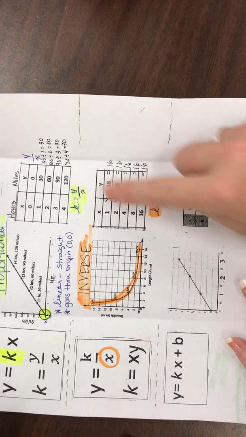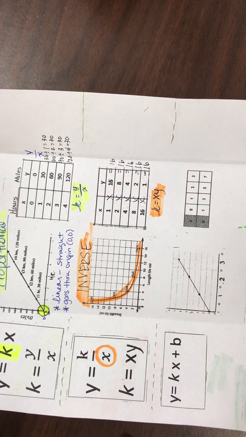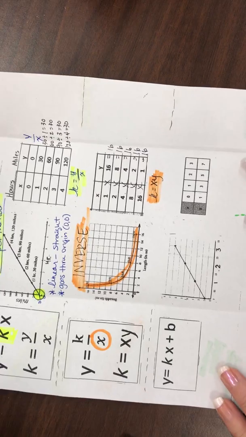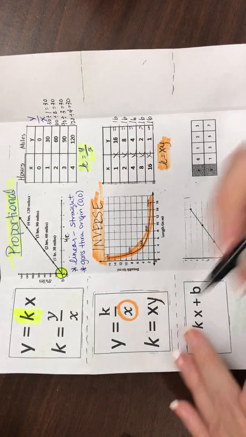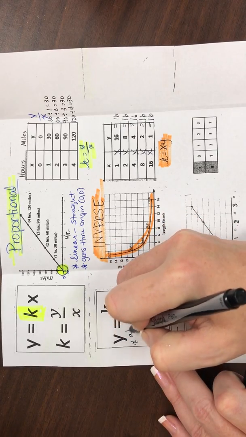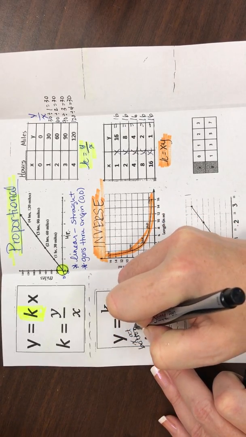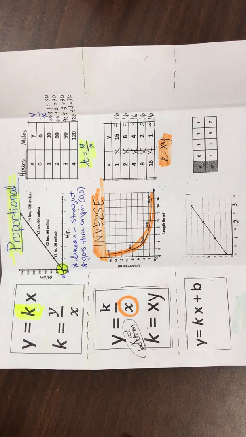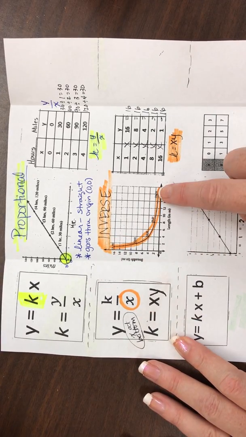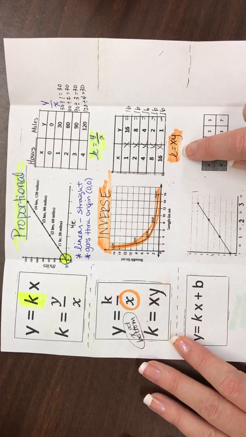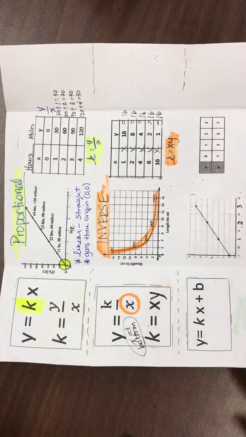See, when you multiply x and y, you get the same number. So those are our examples of inverse. x is at the bottom. Let's write a note there. That's your key to being able to tell. If x is at the bottom, it's going to be inverse. If it's a curve, it's inverse. And k equals the multiplication of x and y.